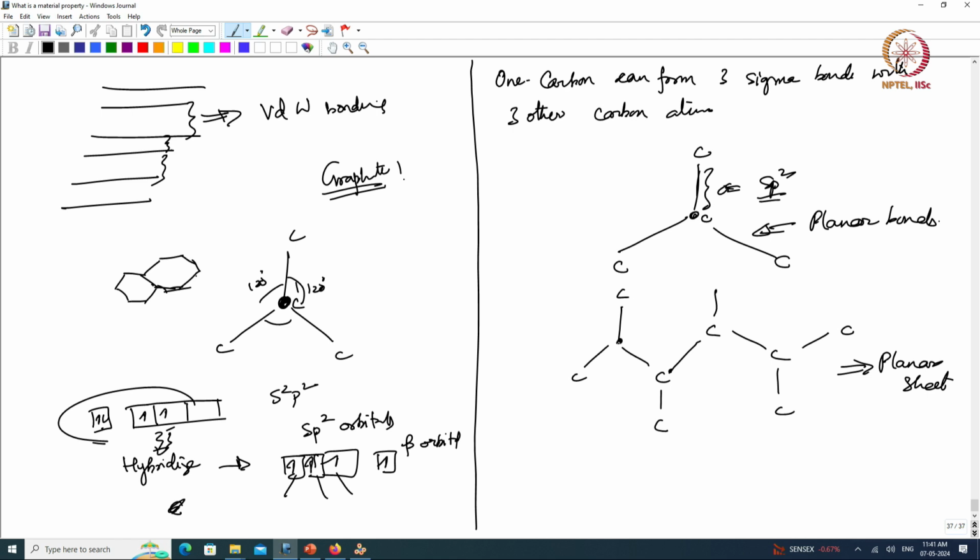However, there is another orbital that still has 1 electron, and that is also itching to bond with something else, and that is your p orbital. The way I am drawing it is maybe not very good. You have a planar sheet here, but the p orbital comes out of plane. I will try to draw something which looks out of plane.